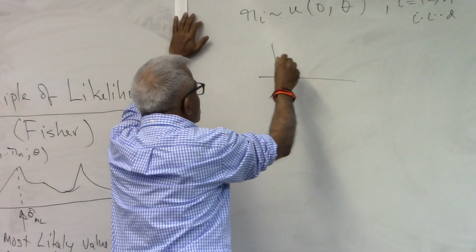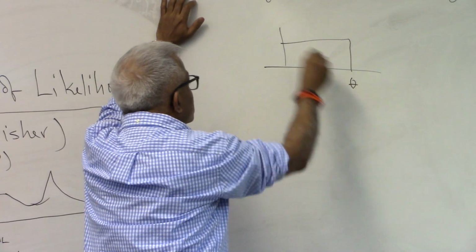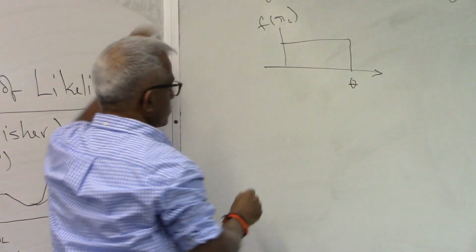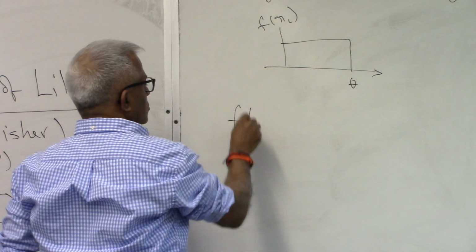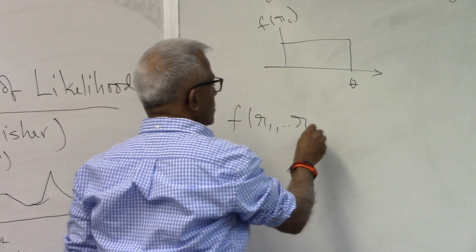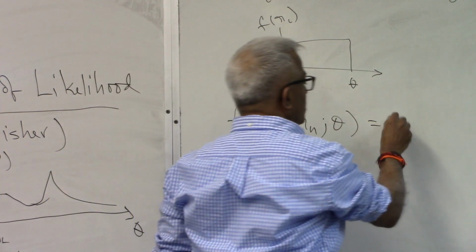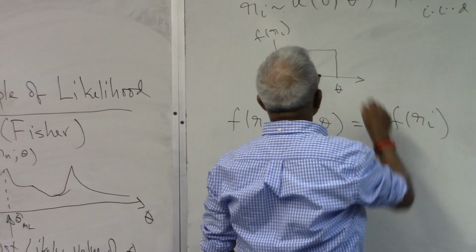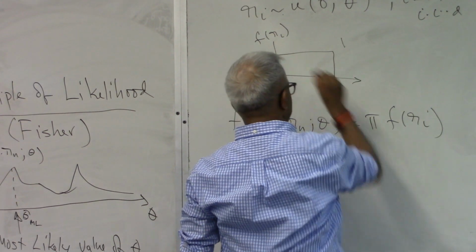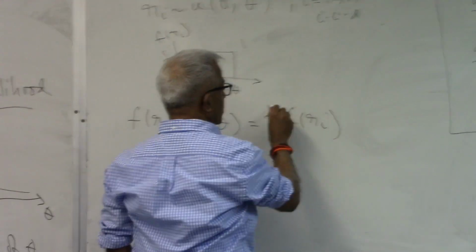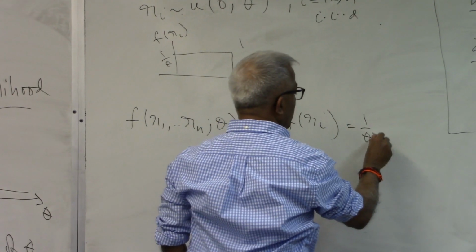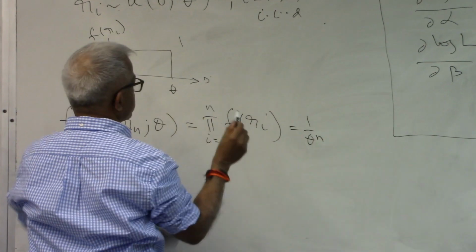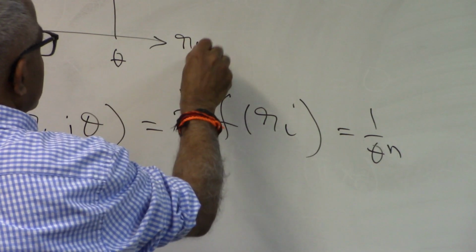So the density function of Ri is like this. f of R1 etc. Rn given theta is the product of f of Ri. So this is of course 1 over theta, i equal to 1 to n, so this is 1 over theta to the n. But you can see this is valid for xi, or Ri, between 0 and theta.